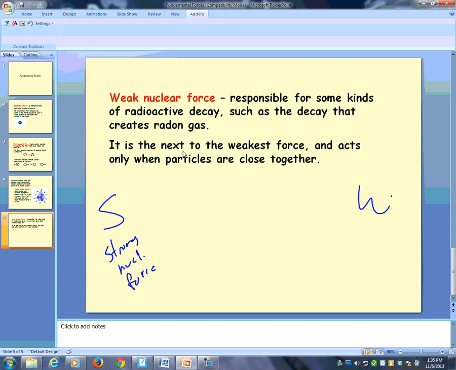Next to weakest, so that would have to be in this spot over here. Weak nuclear force. So we're left with gravity and electromagnetic. Which one is weaker? Electromagnetic. Got some unison over here, and I heard gravity over here. Ours is in unison, so it must be true.